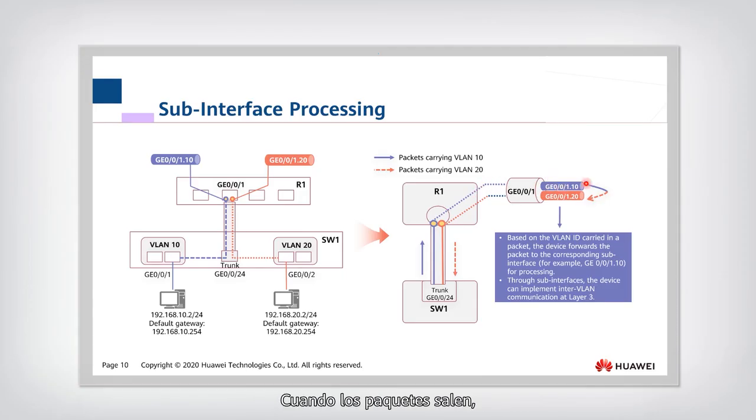And when the packet is transmitted out, we need to add the tag again, so that when it goes out of the trunk, switch 1 knows it should forward the packet with tag 20 into VLAN 20. If there is no tag, the trunk doesn't know which VLAN it should forward the packet to.